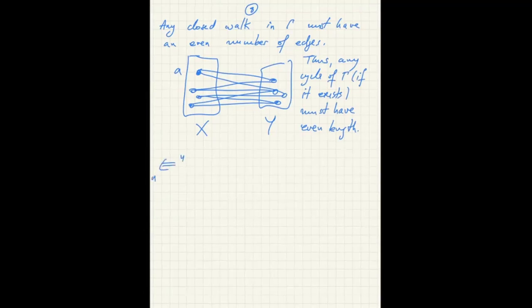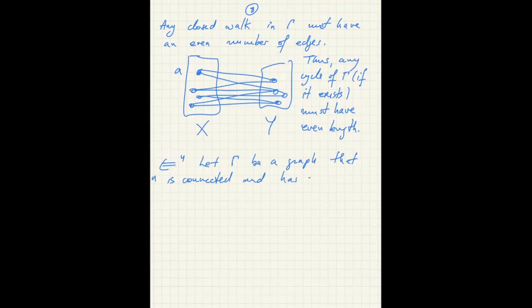Okay, so let's quickly go to the other argument. Now let gamma be a graph that is connected and has no odd cycles. I would like to prove that it's bipartite. How do we go about it?